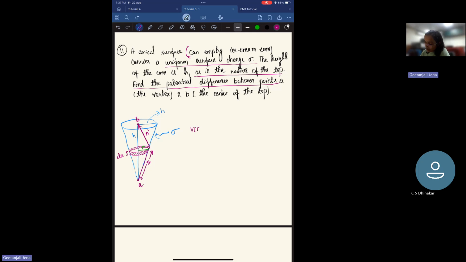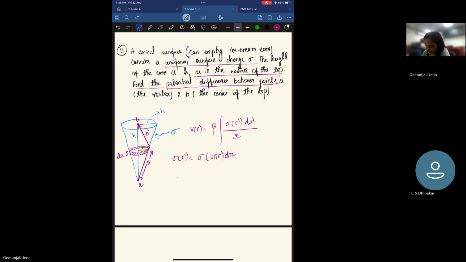So dV, it is beta sigma dA over capital R. So this is the general expression, and for this small area element, dA will be sigma 2 pi r dr, right?